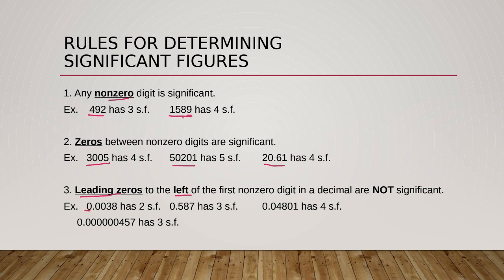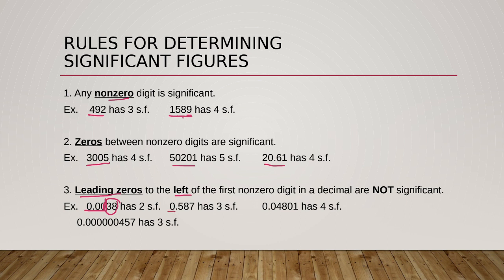So right here, these are our leading zeros. There's 3 of them. They are not significant. They're not actually measuring anything. They're just holding a place, and they're implying that we have a very small value of whatever, mass, centimeters, whatever it is that we are actually measuring. So right here, the very last 2, 3, 8, are the only ones that are significant. And so that value has 2 sig figs.